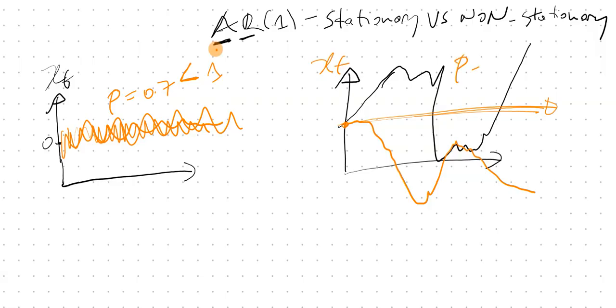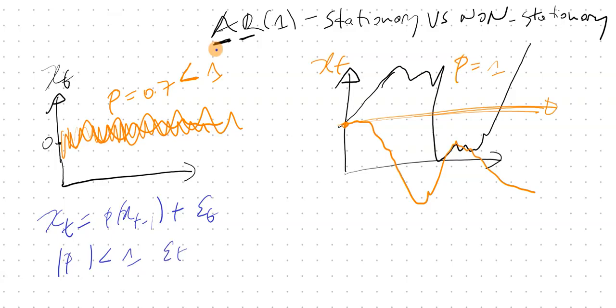So the rho here will be equal to 1. In mathematical form, my global price today depends on yesterday's global price of oil plus some shock, which is normalized, with mean equal to 0 and constant standard deviation.